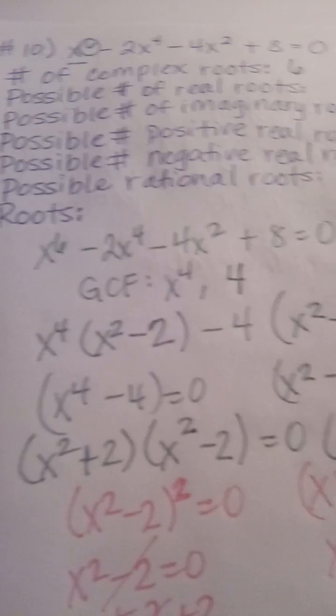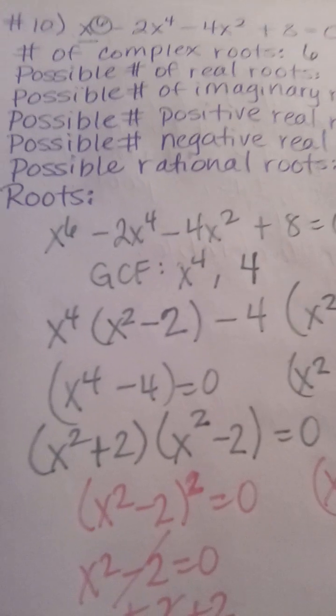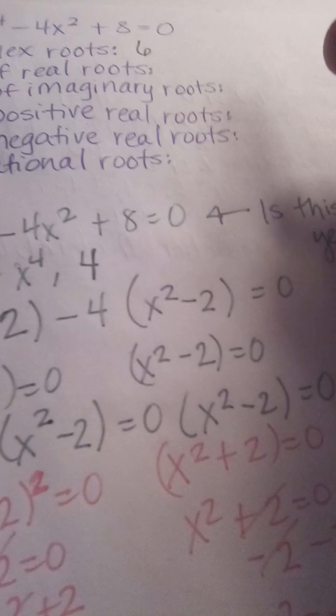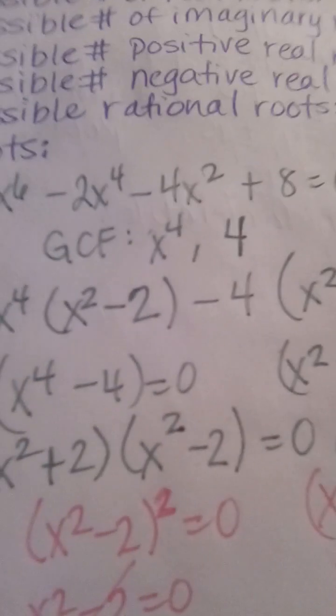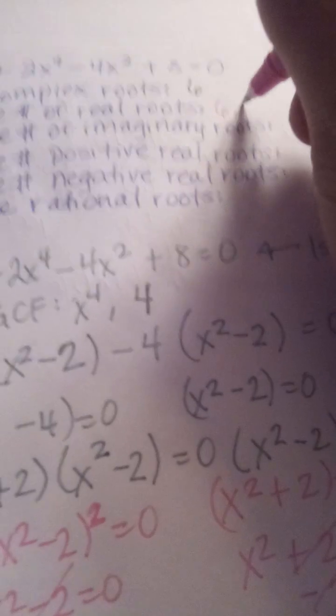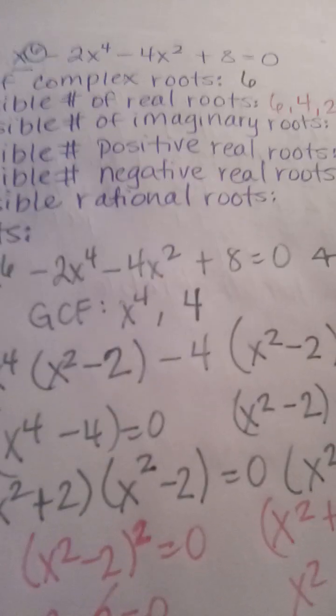All right, let's finish this up. The question is the possible number of real roots: 6, 4, 2, or 0. Okay.